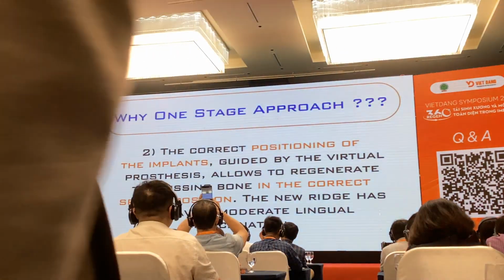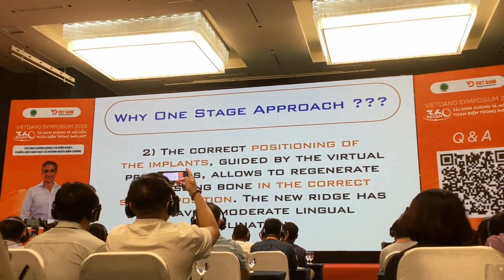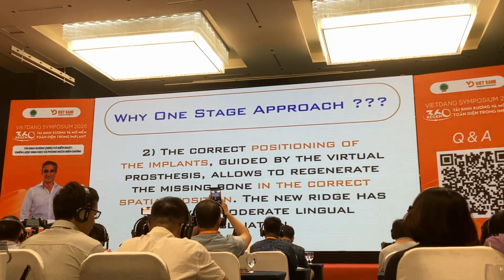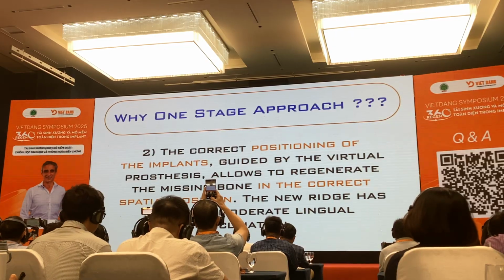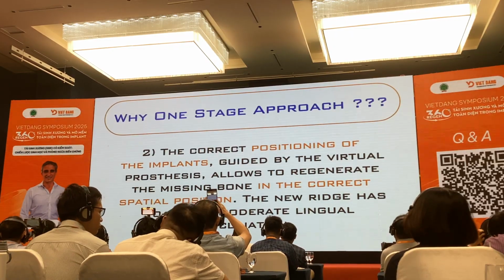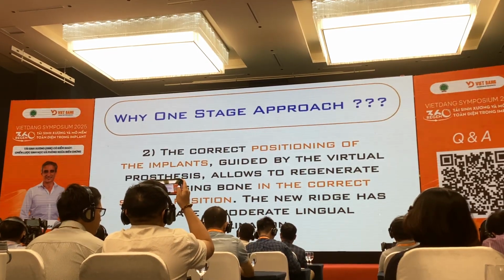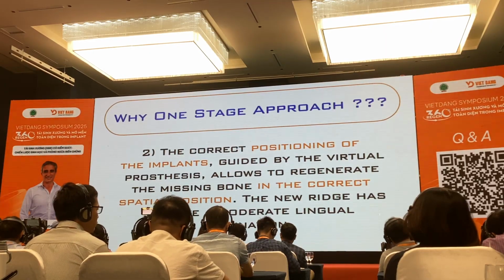Because the correct position of the implants is not straight, but with a gentle inclination in a lingual way. And this inclination is measured, on average, at 12 to 15 degrees.